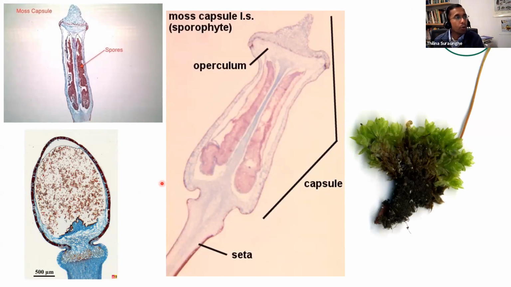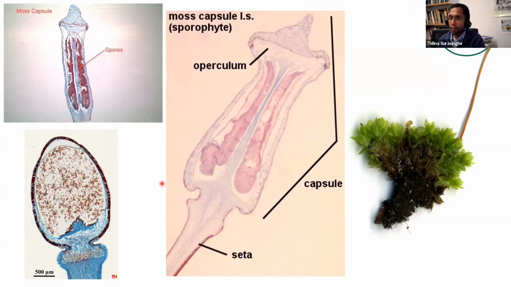Now let's talk about the sporophyte in detail, or particularly the sporangium in detail. The sporangium is on the sporophyte. Now, how do you remember these things? I can give you sort of the etymology. Phyte means a plant. Gametophyte: gamete producing plant.